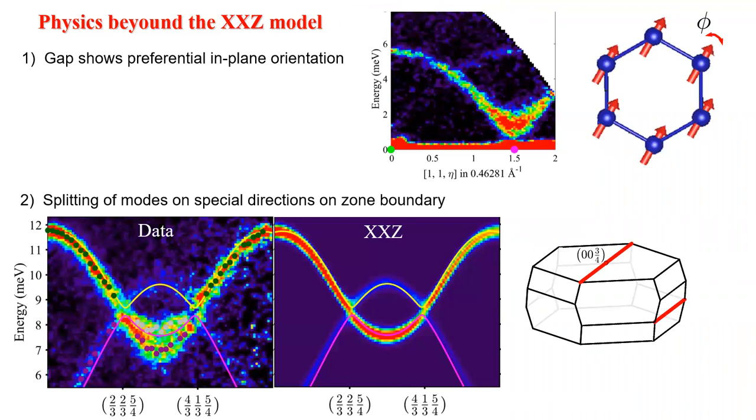Once you have the stacking of layers, the Brillouin zone looks like this, not linked to any special points here.